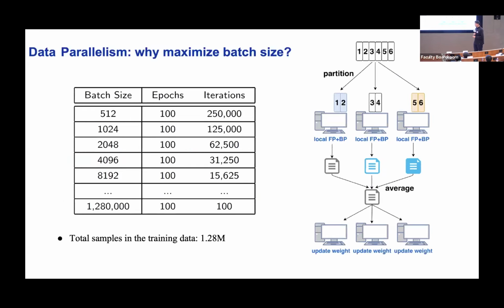So here, let me show you some results. In the year 2017, when the model was not very large, often we could put the whole model on the GPU. Like ResNet-50, you only have 25 million parameters. It's very easy. You can have a copy in each GPU.